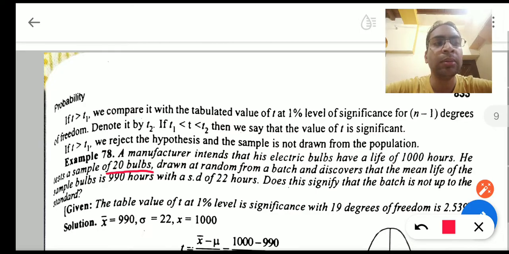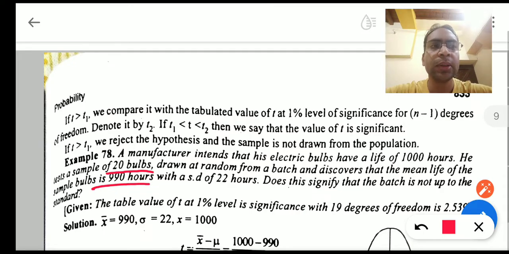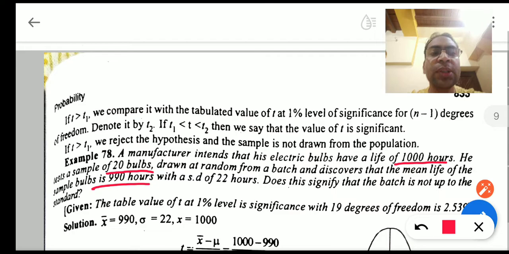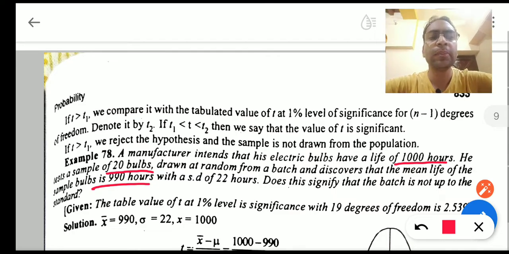From that sample he found the mean life is 990 hours. So this is the calculated mean of the sample, and the mean of the universe is given as 1000. A standard deviation has also been given for the sample.